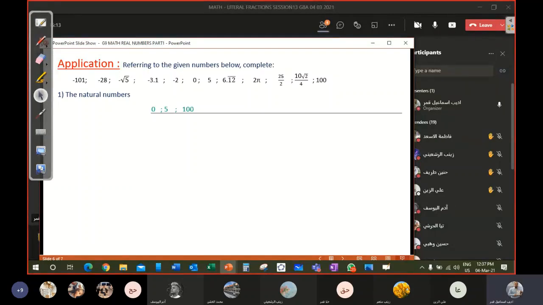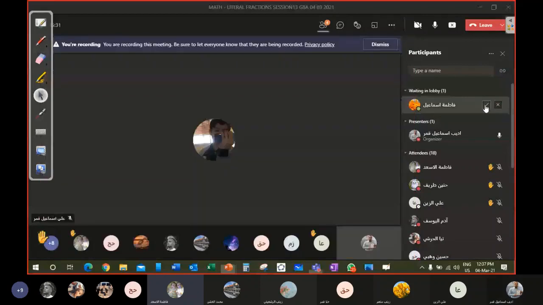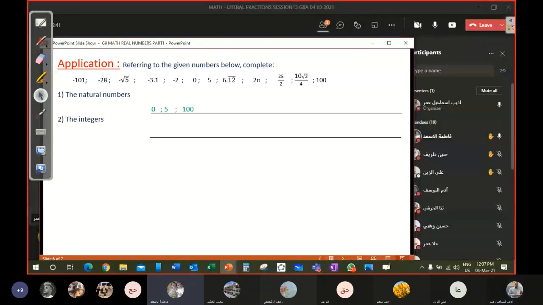Okay, the other one, the integers now. Integers: 0, 100, minus 101, minus 28, minus 25, and 5.